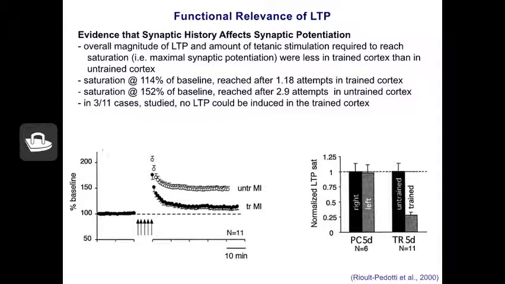In this case, you can see that tetanic stimulation did produce a small LTP in the trained cortex, where the synaptic strength on average rose to only 114% of the baseline, and the maximum was reached after only 1.18 trains of stimulation on average, meaning that it took only one train of stimulation to reach asymptote in most of the rat cortices, and it took 2 trains only in a very few, averaging out at 1.18.